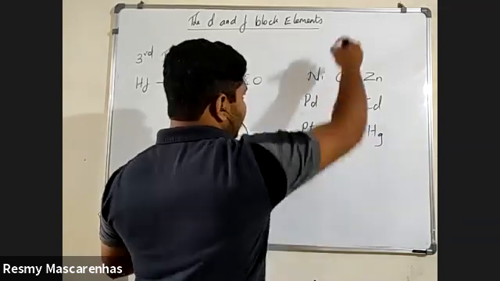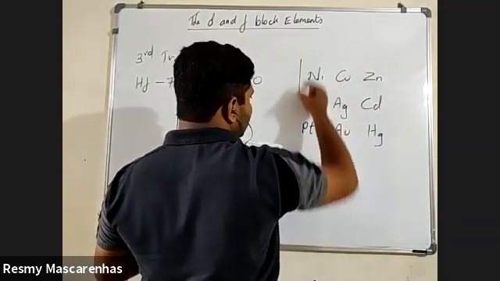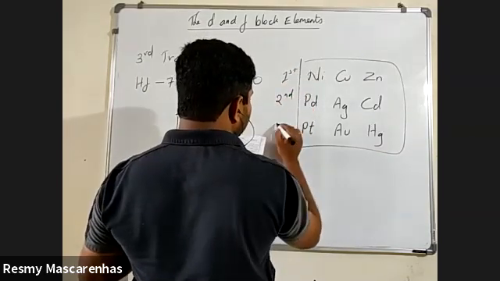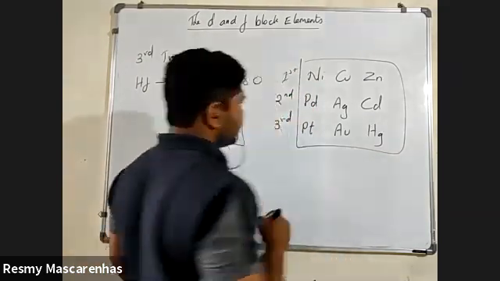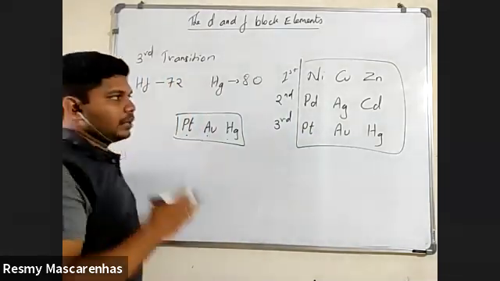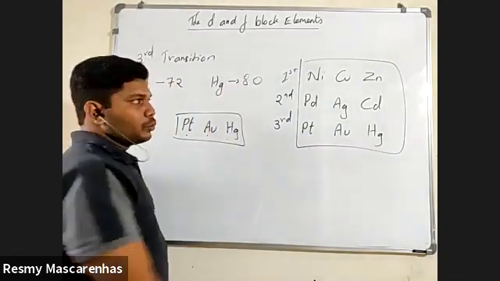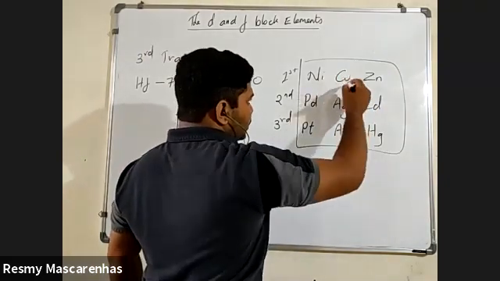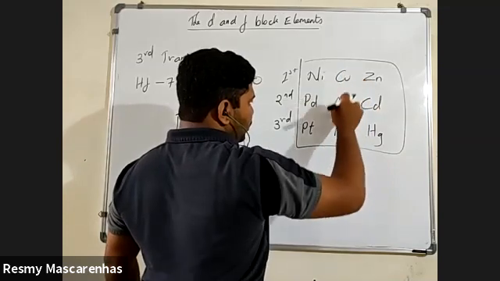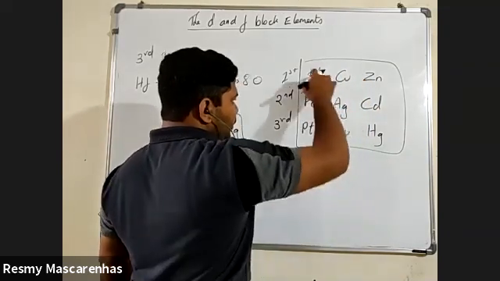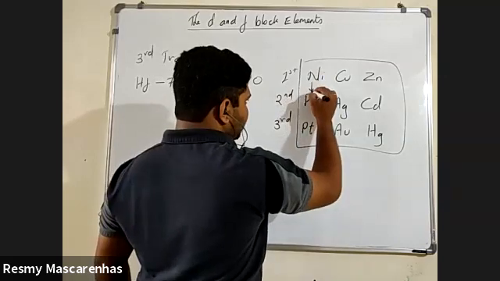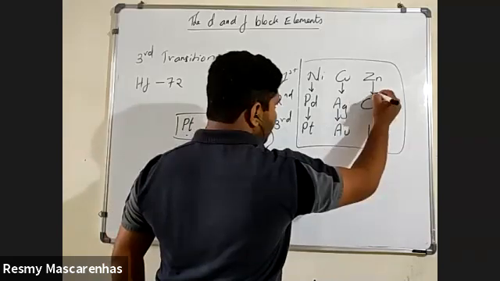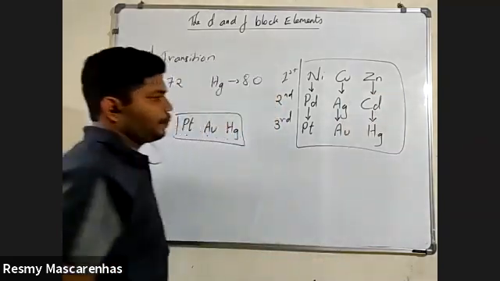So it's one after another like this. This is for the first transition series, this is for the second transition series, and this is for the third transition series. Only the last three elements are important. You should know zinc, cadmium, mercury are in one line. Copper, silver, gold are in one line. Nickel, palladium, platinum are in one line. This you should know.